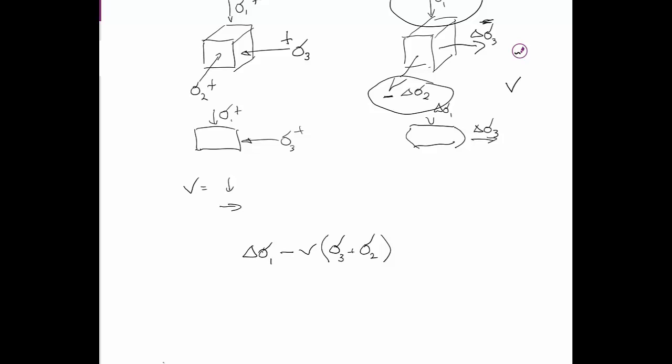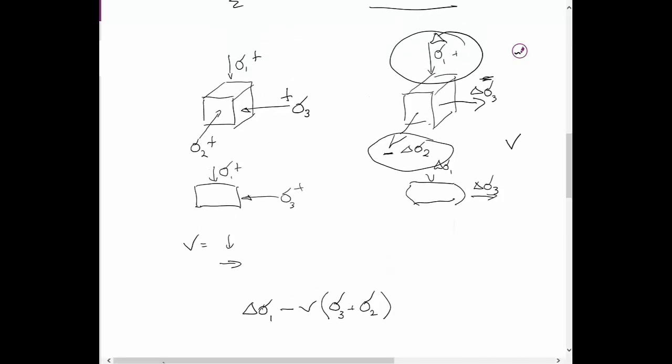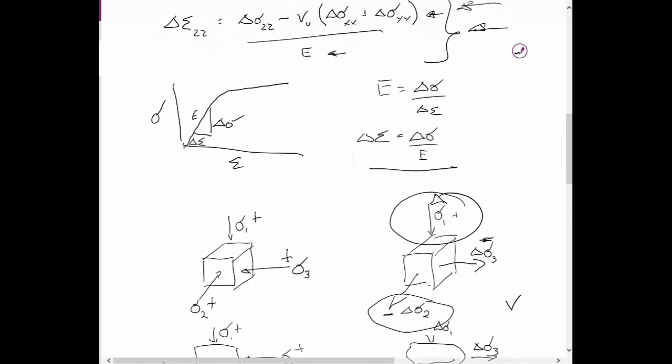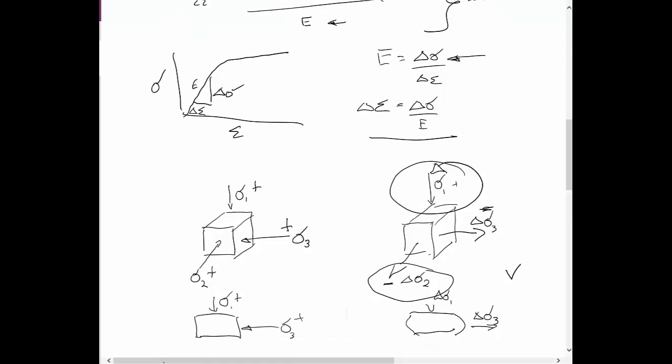So what's going on? Let's just scroll back up here. And this is the change in vertical stress, or sigma 1 equals that. That's the change in stress from here. The elastic modulus equation.